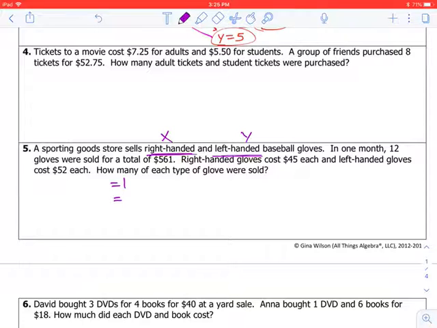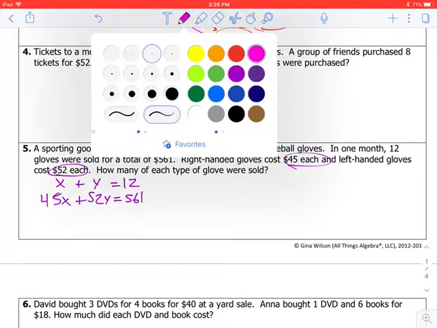There's 12 gloves. There's $561. Right-handed gloves cost $45 each. And then left-handed gloves cost $52 each. So X plus Y is going to give me the total of 12 gloves, and then the prices give me the total price. So 45x plus 52y equals 561.